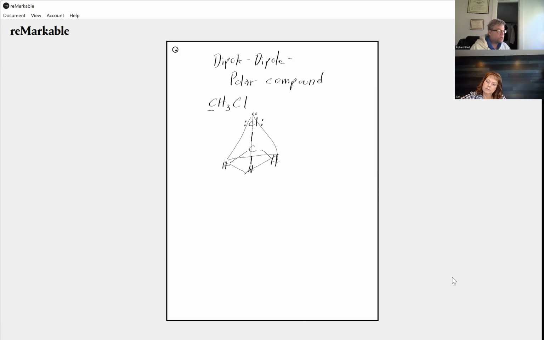Carbon has an electronegativity of 2.5. Chlorine has an electronegativity of 3.0. That is just barely polar, but it's polar.